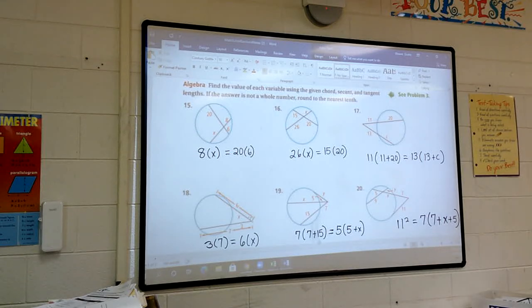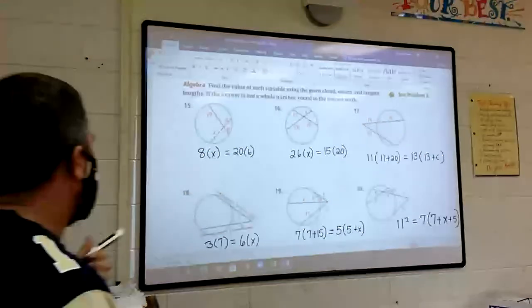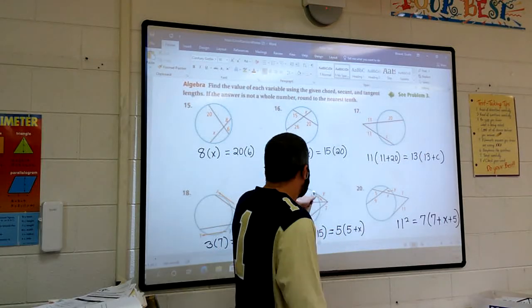So in 15 through 20, you will be able to solve for the variable. In most of them, they got it labeled as x. In a few of those, they have it as y. If you notice, in number 19, they have a y also up here. That's a different formula.